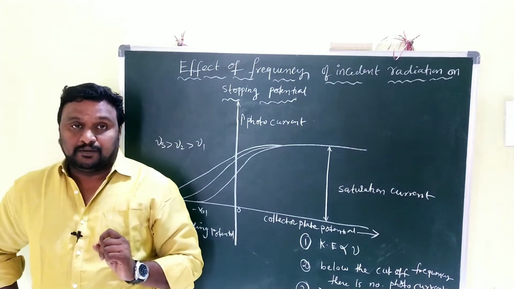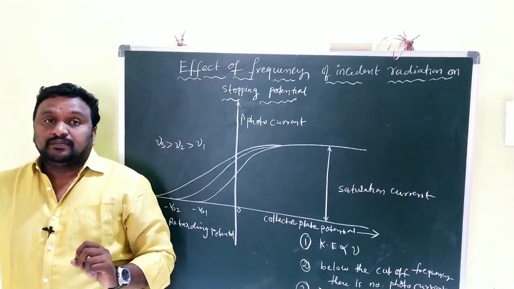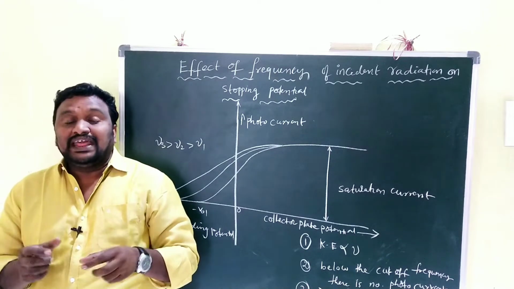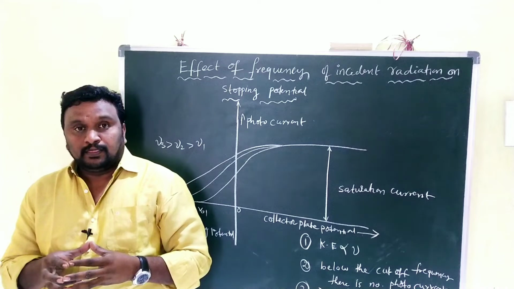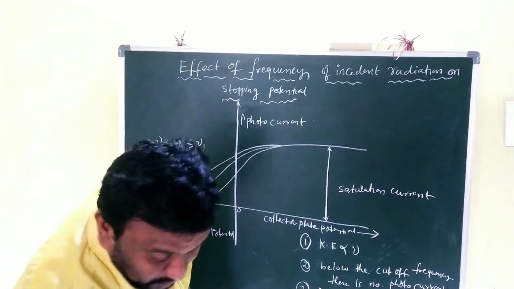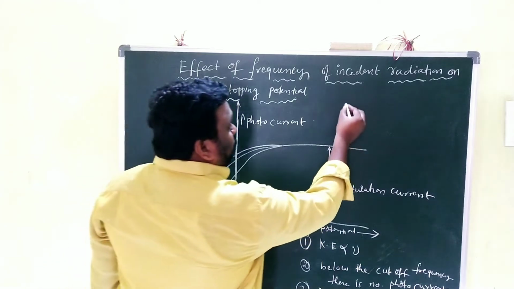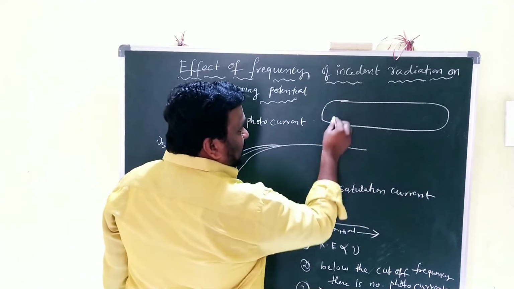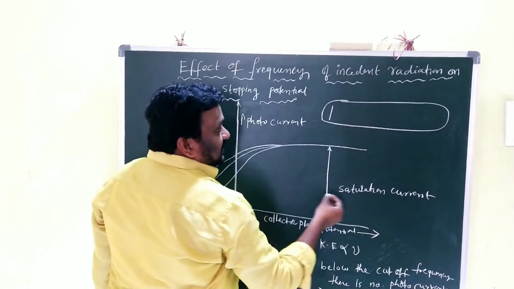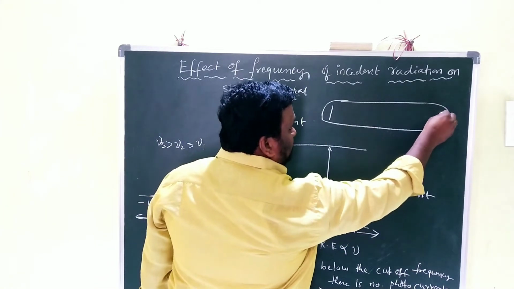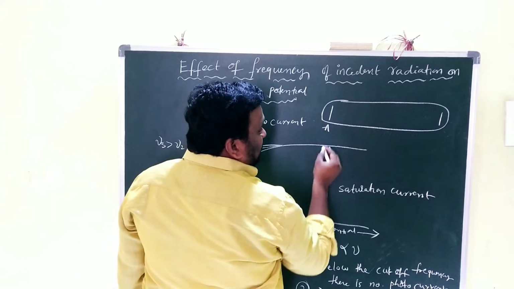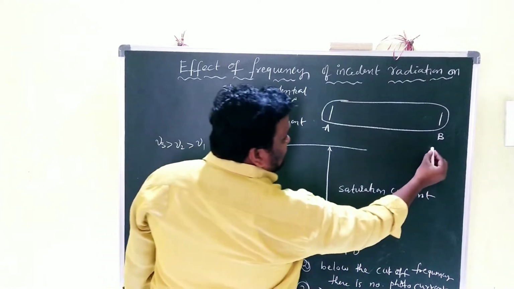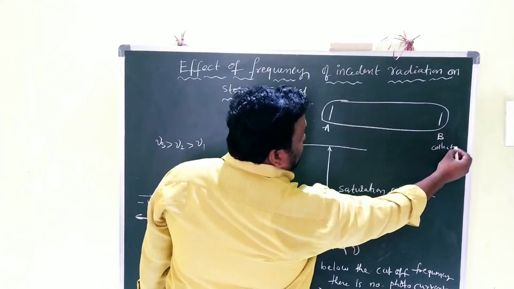So here, children, we have some idea about the work function. While explaining Einstein's photoelectric equation, we discussed this discharge tube, with one metal plate A and another metal plate B. A is the cathode and B is the anode, or nothing but the collector.